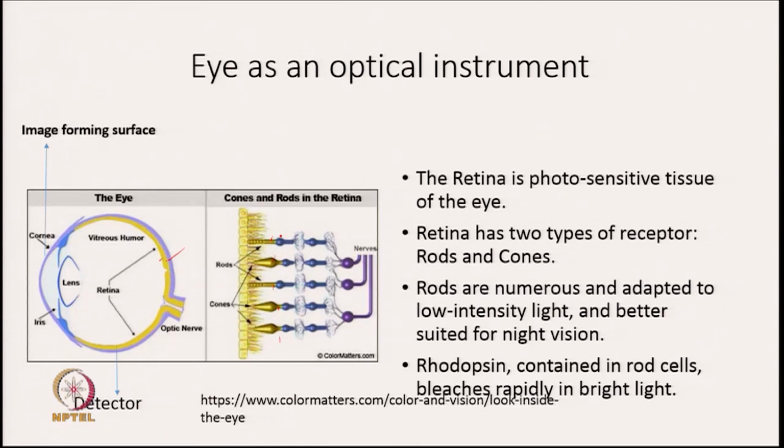Rods are numerous and adapted to low intensity light, and that is why they are better suited for night vision. But rhodopsin, which is contained in rod cells, bleaches rapidly in bright light, and so rods are not active in the presence of light.